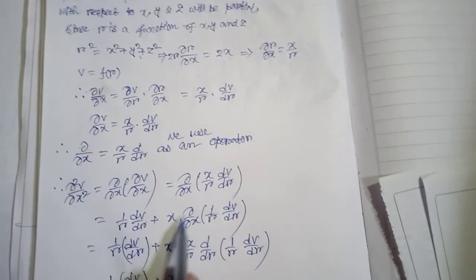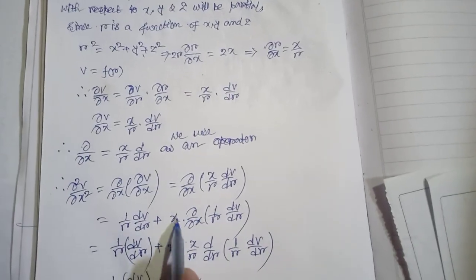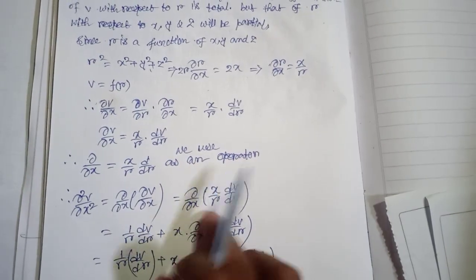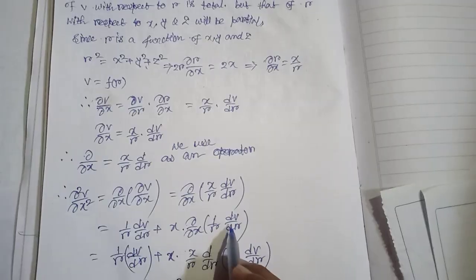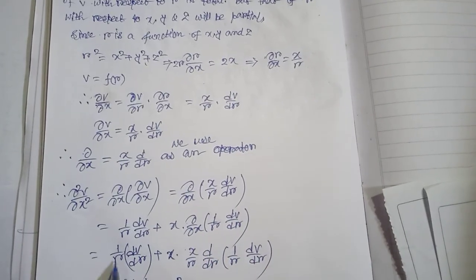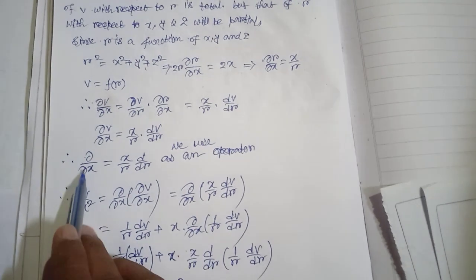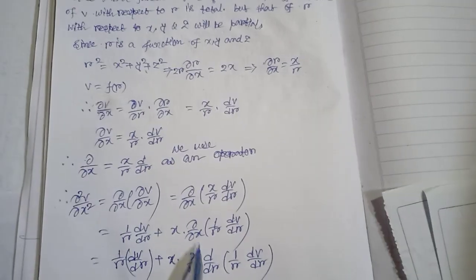Differentiating with respect to x, we get 1 by r dV/dr plus x into the derivative of this 1 by r. So this is equal to this plus, and ∂/∂x equals x by r d/dr, this is an operator.